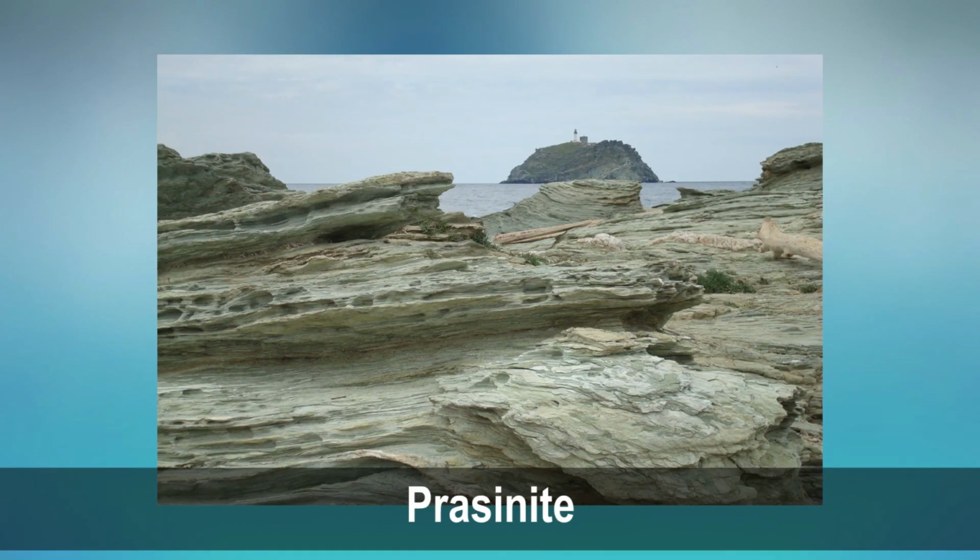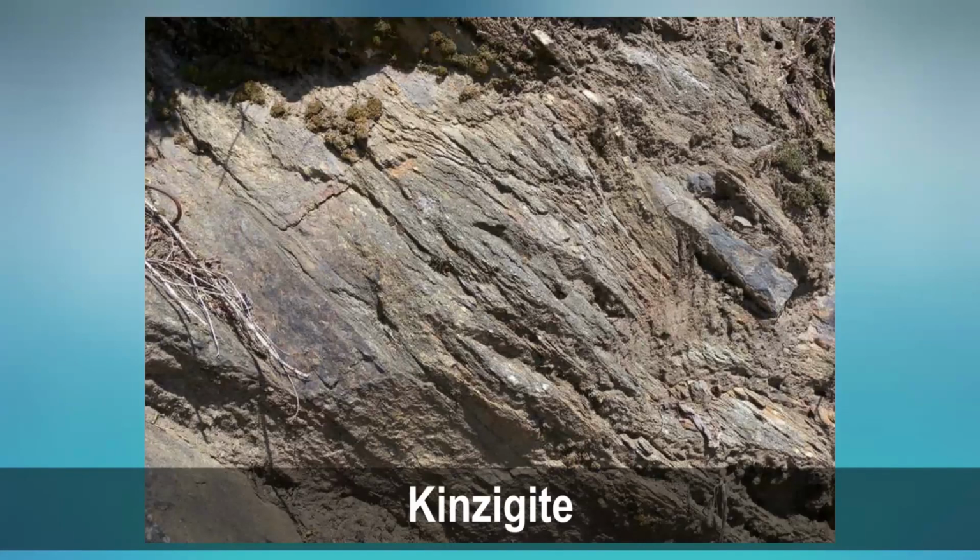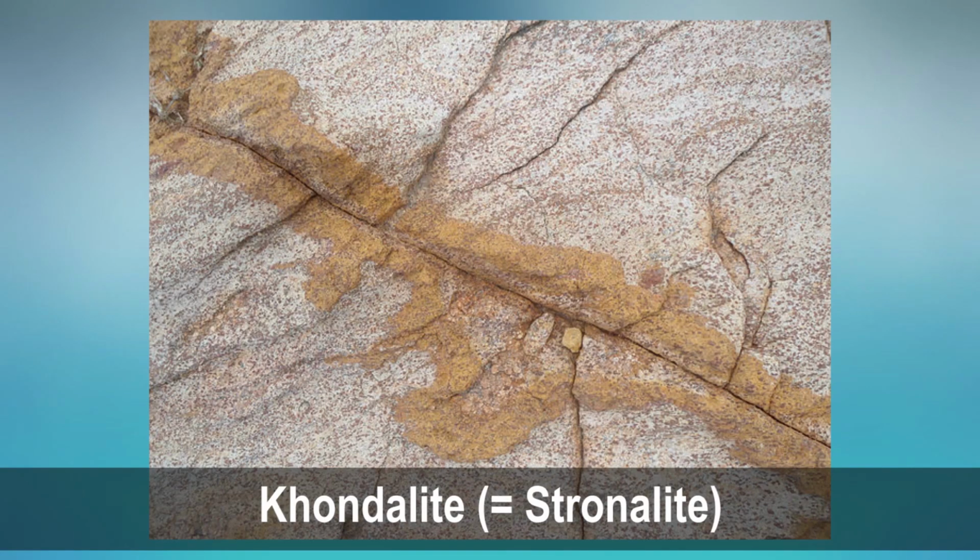Prasinites, a greenschist rich in a poikiloblastic assemblage of albite and epidote without amphibole and chlorite. Kinzigite, a garnet-rich, quartz-poor mica gneiss with graphite, plus or minus cordierite, sillimanite, and spinel. Khondalite, an almost massive, mica-poor or mica-free sillimanite-garnet-quartz-feldspar rock, mostly with graphite as accessory mineral.